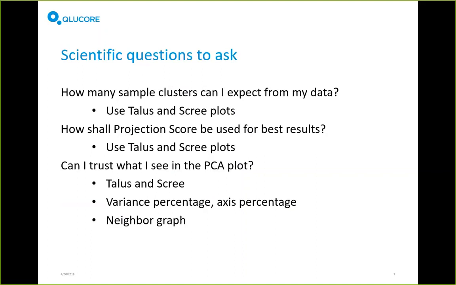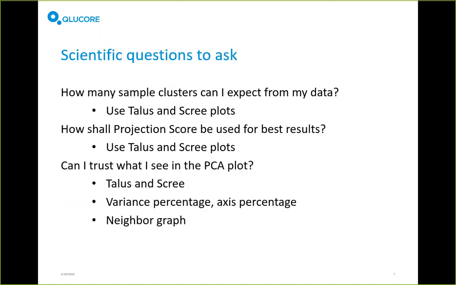And when you're throwing away noise, you want to stop at some point, because at some point you're throwing away too much, and then you get a worse result than you would otherwise. And the whole trick here is to find a good cutoff point where to stop doing that variance filtering. And projection score is a good way of doing that. And dimension analysis can actually help you in some ways to improve the projection score optimization.